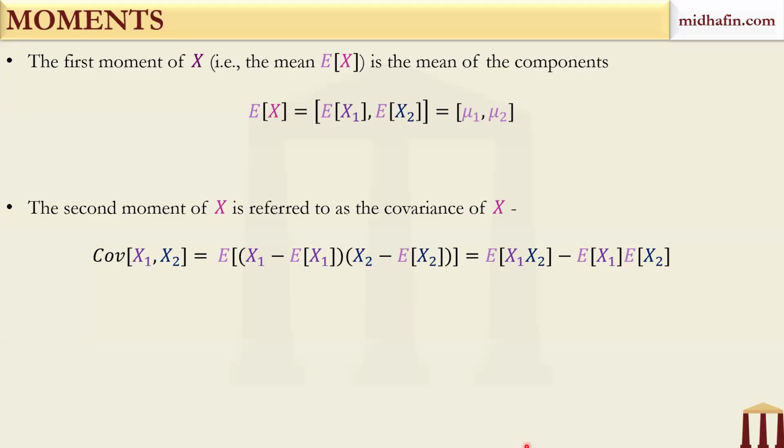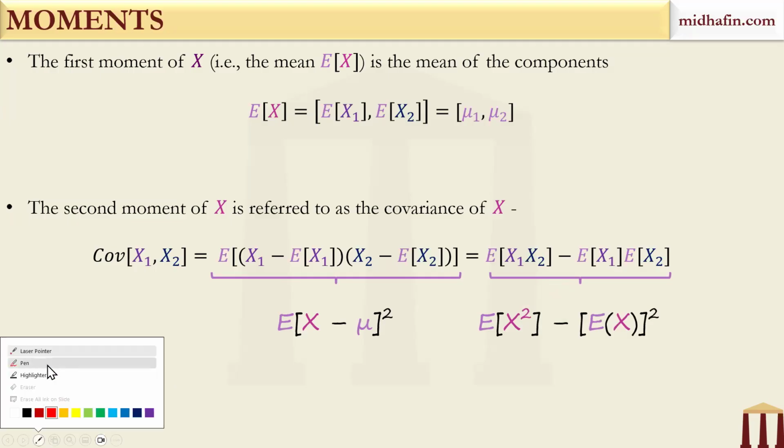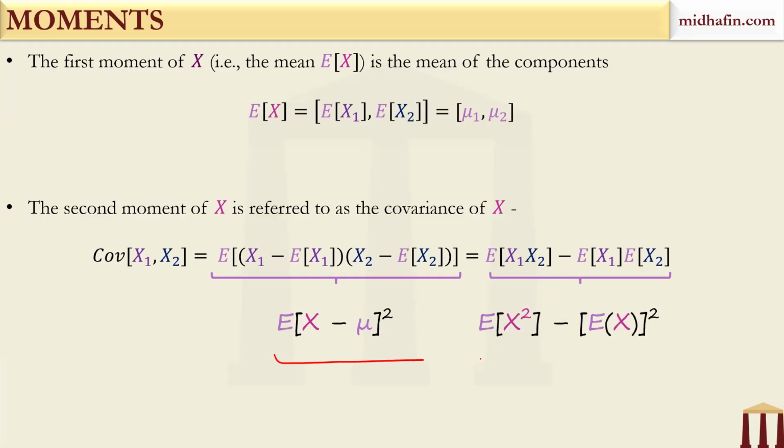It is actually the measure of co-movement. This formula is analogous. The first formula is analogous to this formula of variance. The second formula is analogous to this formula for variance. Again, analogous, not same.